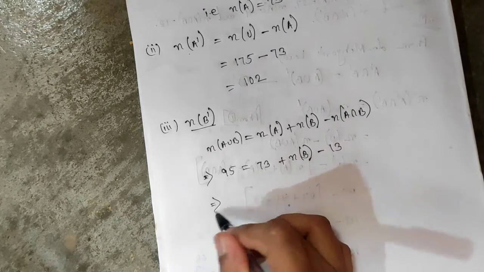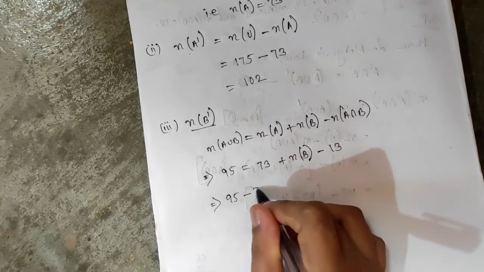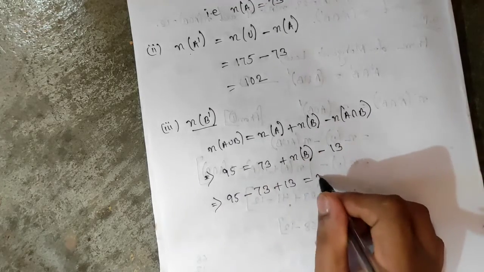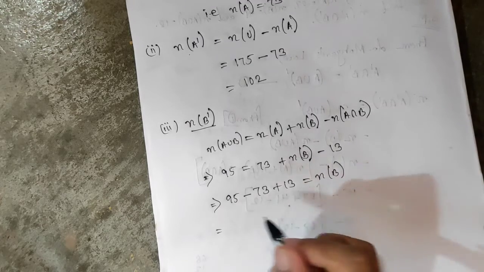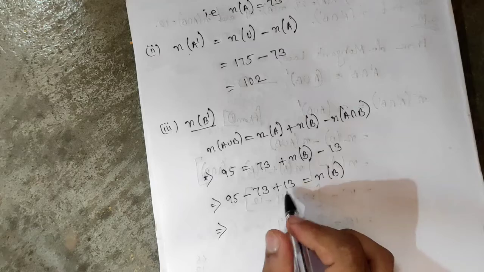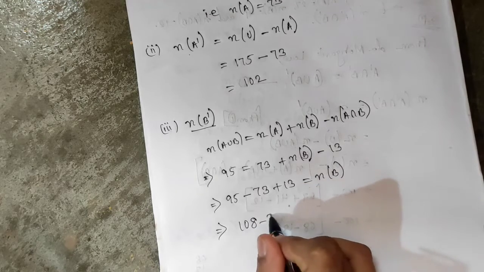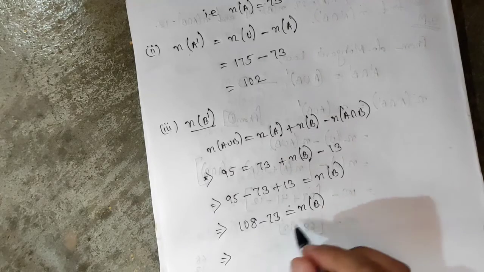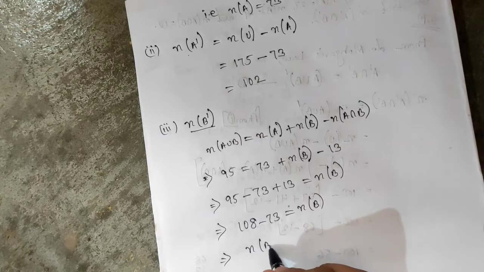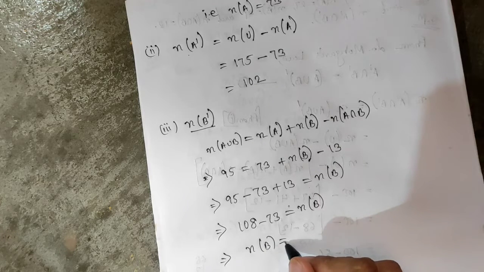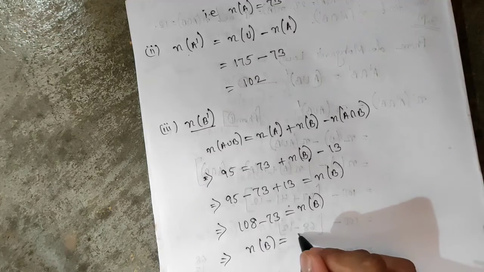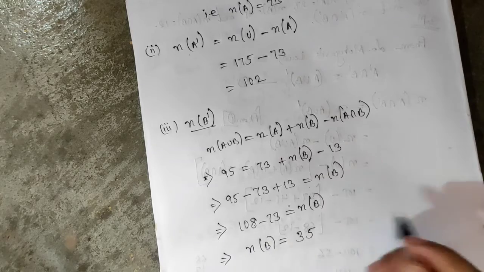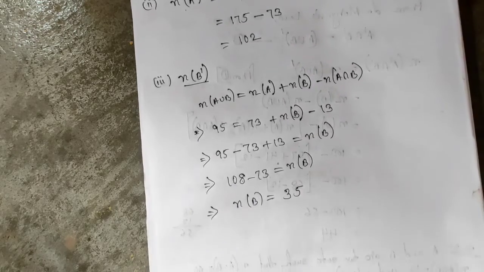If you solve it, you will get n of B. Taking 73 and 13 to this side, 95 plus 13 is 108, minus 73 equals n of B. Subtracting 73 from 108, you will get n of B equal to 35.